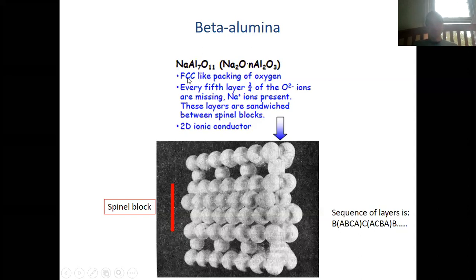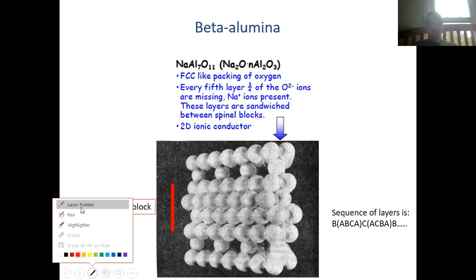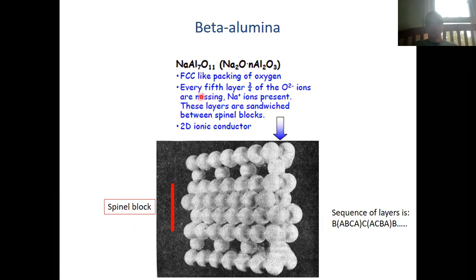So you have basically an FCC packing of oxygen, whereby the stacking sequence is somewhat more complicated. In every fifth layer, 3/4 of the oxygen ions are missing.